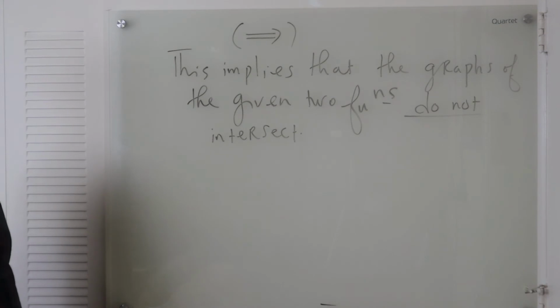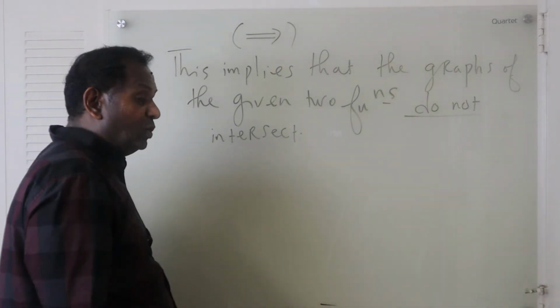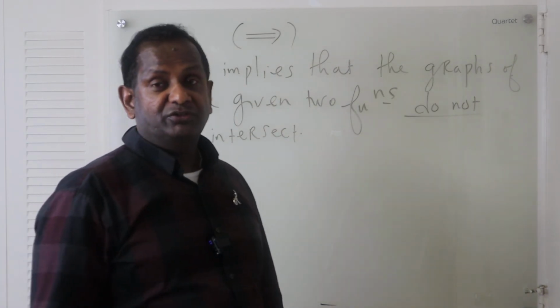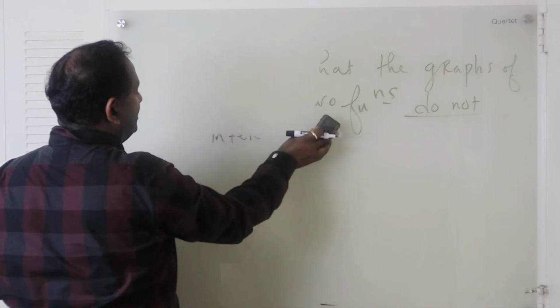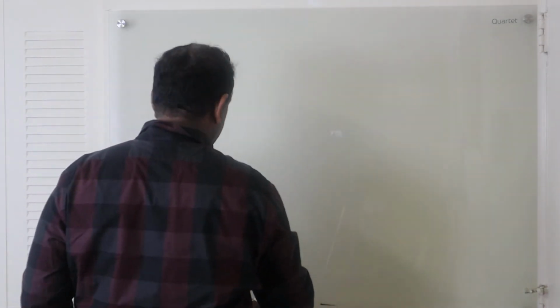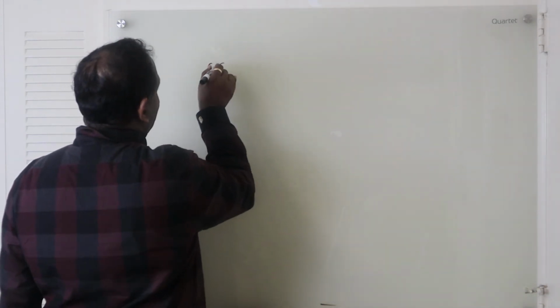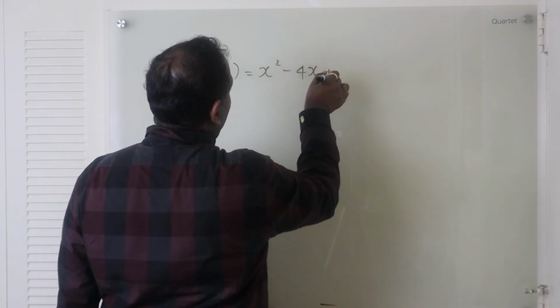What else do we have to find in order to draw these two curves? We're simply going to find the x-intercepts and y-intercept of these two graphs. Let's say you are interested in f of x equals x squared minus 4x plus 10.